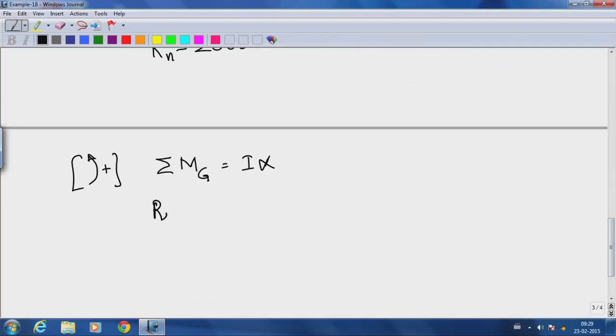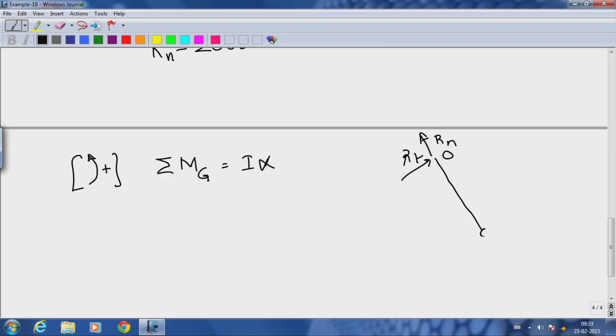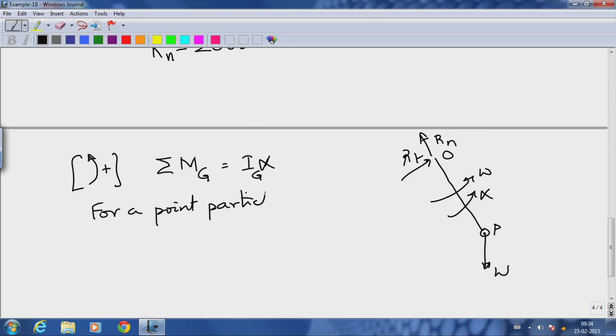Let me draw the diagram once more here. I have R sub n, I have R sub t, that is my point O, this is the point P, there is a weight W, there is alpha and omega. So, I g, which is the moment of inertia about the center of mass of the particle, for a point particle I g is 0, because it has no discernible radius.